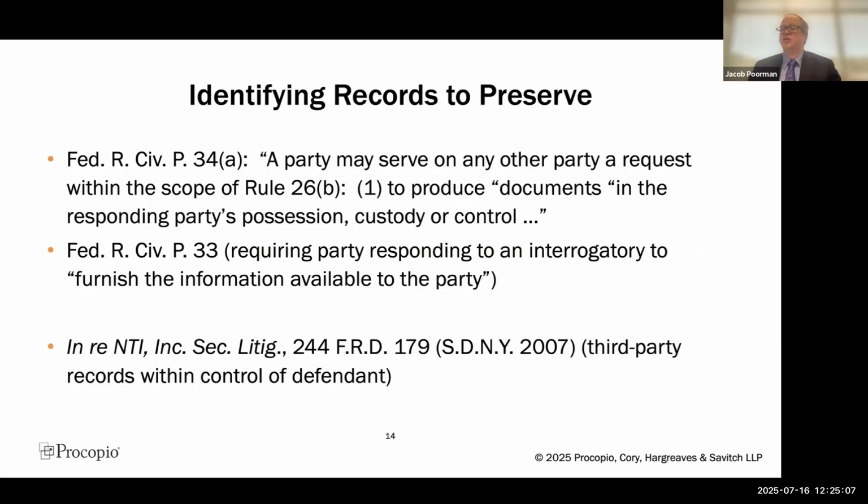Any documents or ESI, including writings, drawings, graphs, charts, photographs, sound recordings, images, and other data or data compilations stored in any medium from which information can be obtained, and any tangible things constitute discoverable information under Rule 34. Effectively, any writing reduced to some medium is discoverable under Rule 34.